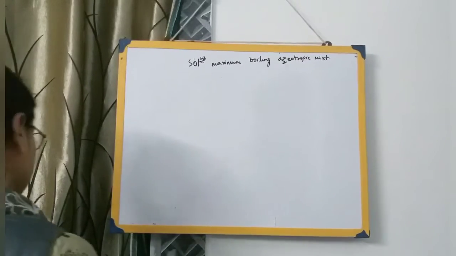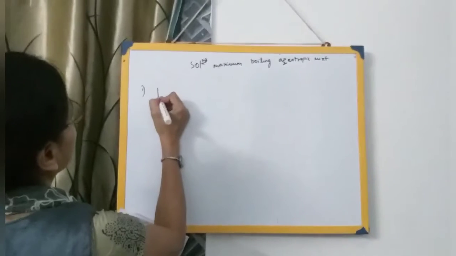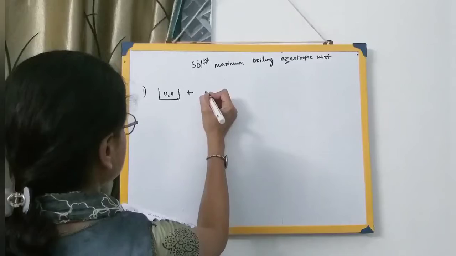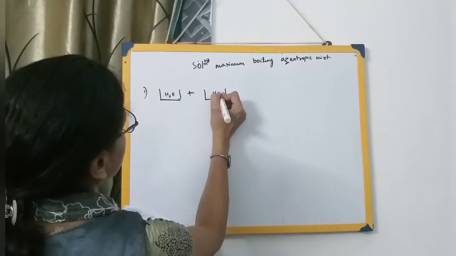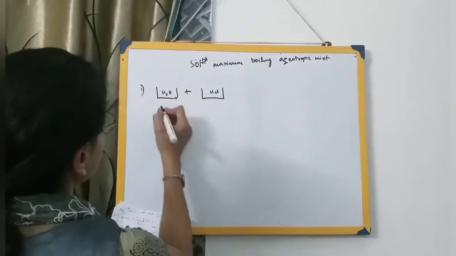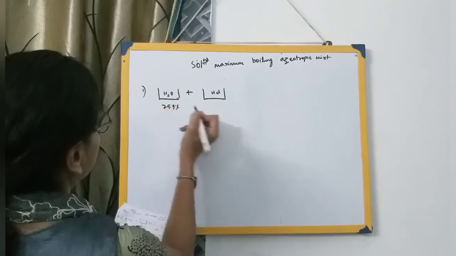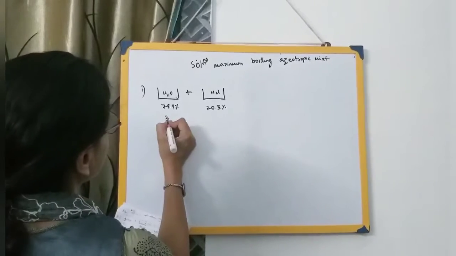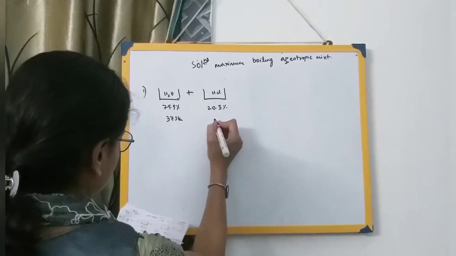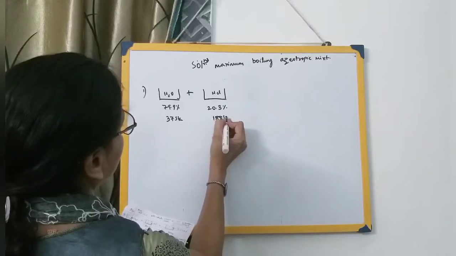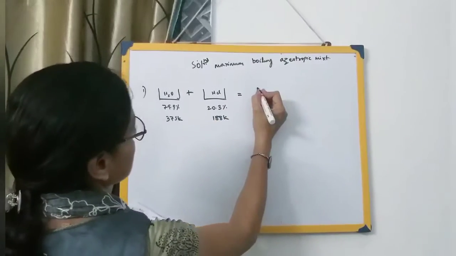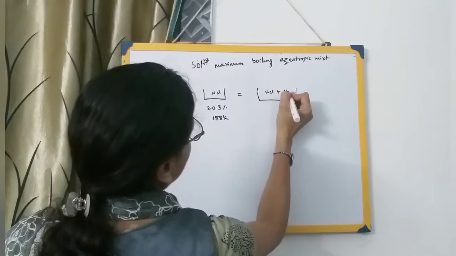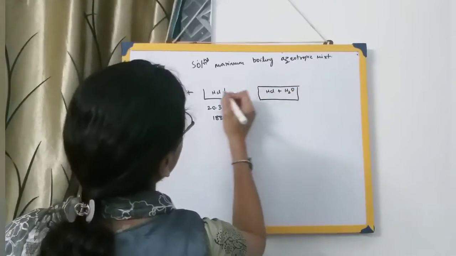So we come to the first example, for example, this is water plus this is hydrochloric acid, HCl. Now let's consider the composition: this is 79.9% and this is 20.3%. This boils at 373 Kelvin and this boils at 188 Kelvin, and the resultant solution containing HCl plus H2O, we are closing all these containers.